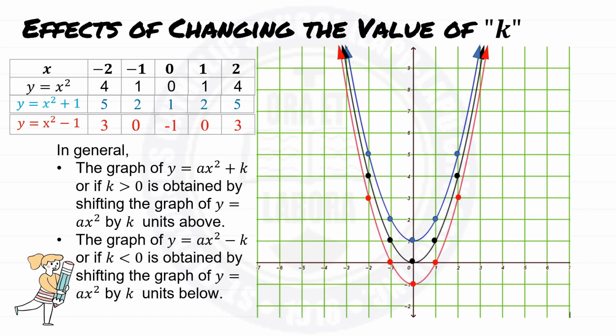While the graph of y equals ax squared minus k, or if k is less than 0, or if k is negative, is obtained by shifting the graph of y equals ax squared by k units below. It means you're going to shift the graph of y equals ax squared k units below.